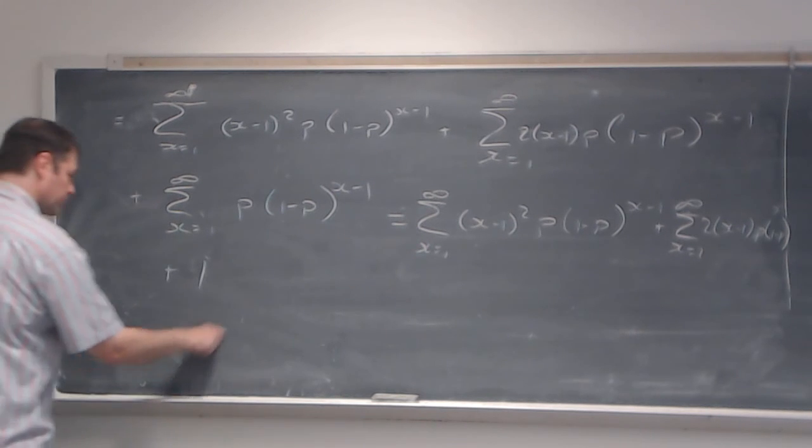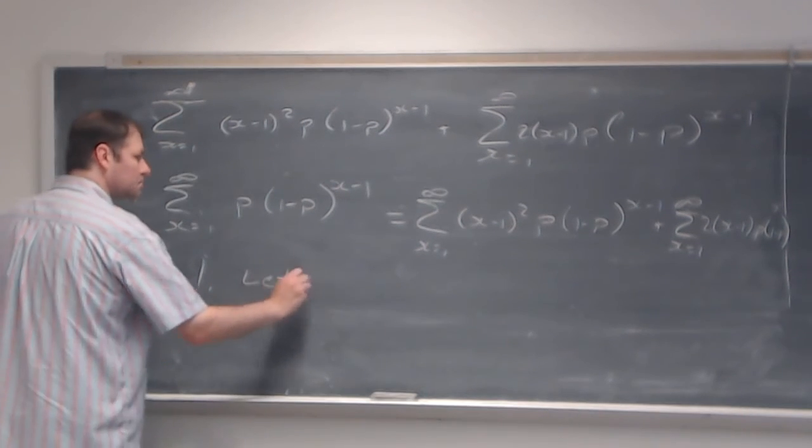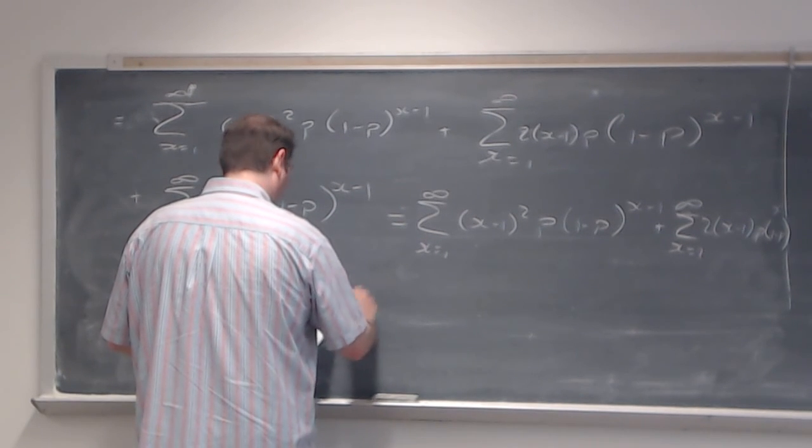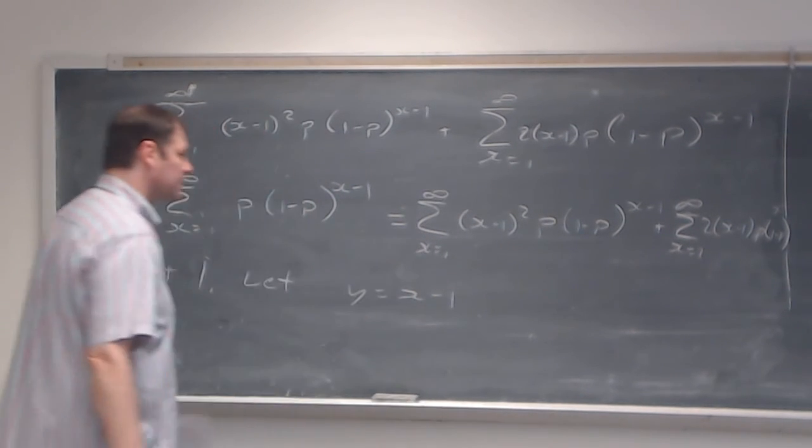Now what we're going to do is change the variable here. We're going to let y equal x minus 1 in our sums.